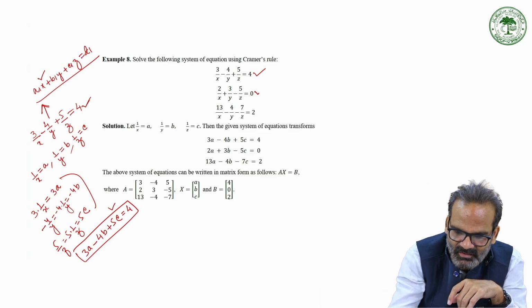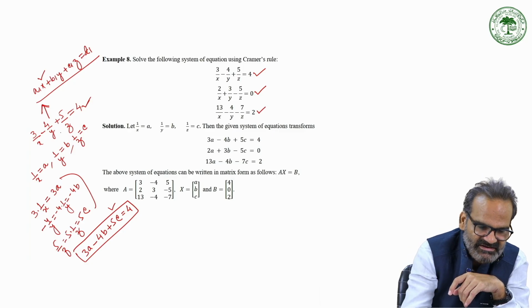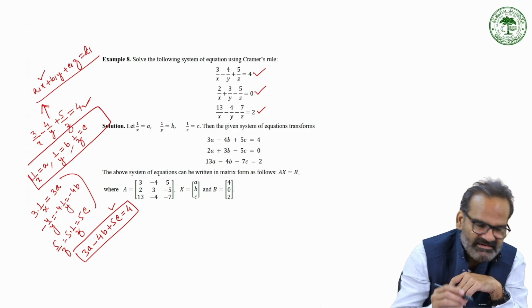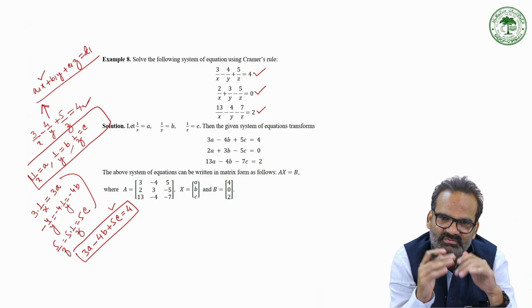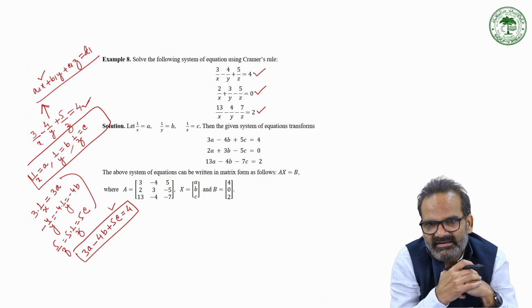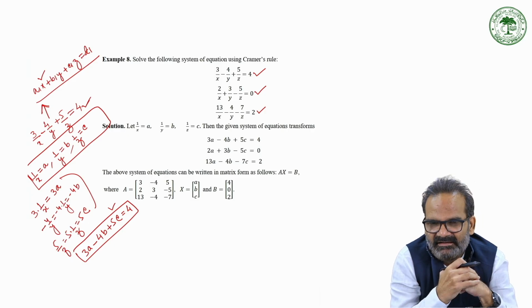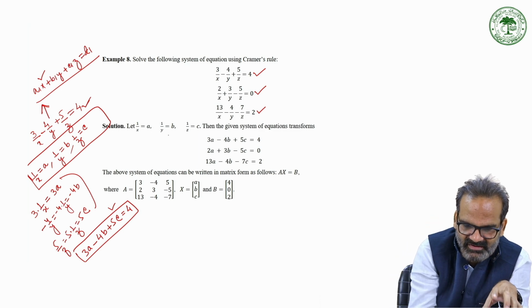Likewise, you can transform this equation as well as this equation by using the same substitution, that is 1 upon x is equal to a, 1 upon y is equal to b, and 1 upon z is equal to c. So look at the solution, what we have taken.